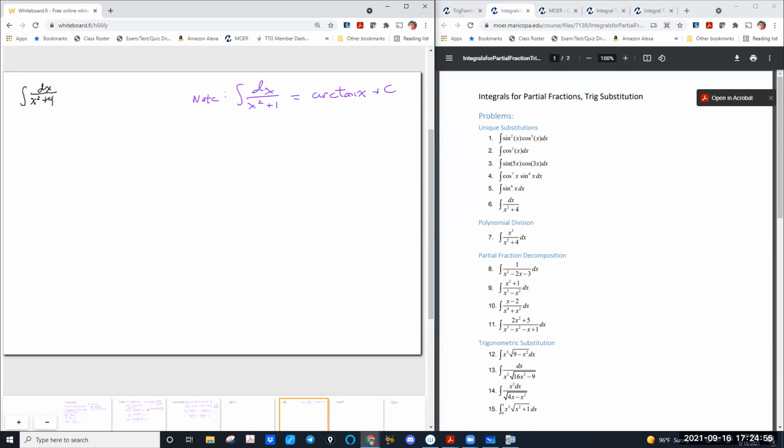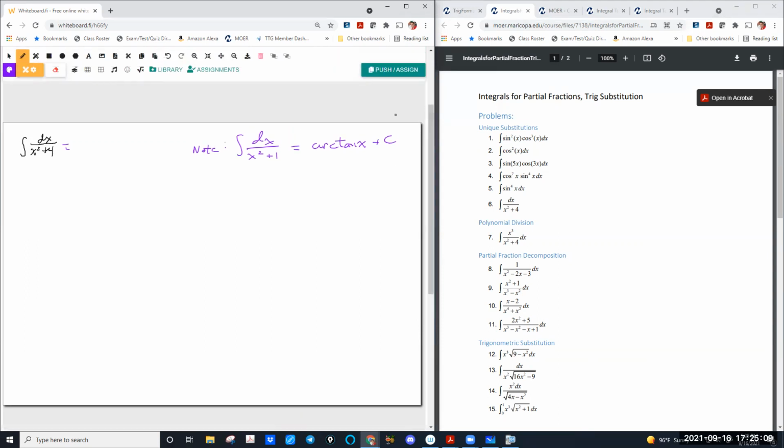It's actually just going to be a little bit of algebraic manipulation. What we're going to do is basically multiply on top and bottom. Let's take those equals out of there.